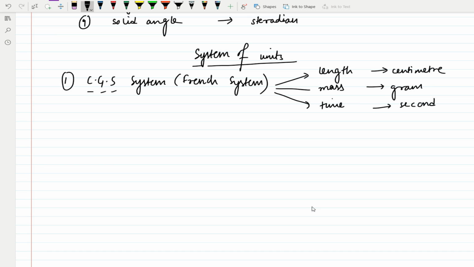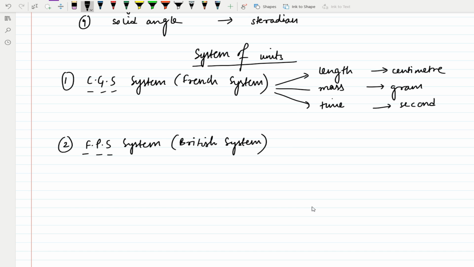Okay, the second system is the FPS system. Now FPS stands for foot pound second system. This was used by the British, so this is also known as the British system. Since we have been ruled by the British for so long, this particular system has its roots within us.